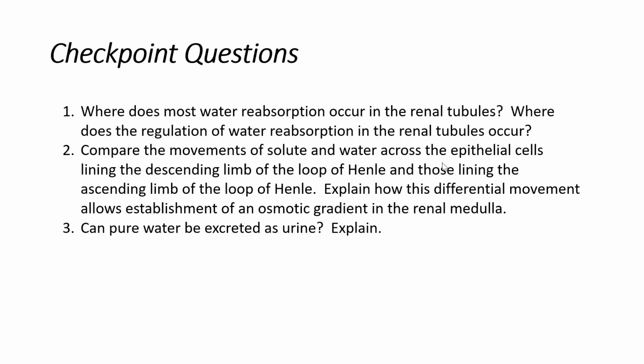And that holds true for both the filtrate that's being moved down the loop, along with the interstitial fluid that is around the tubular structures. So basically the countercurrent multiplier mechanism is how we establish the medullary osmotic gradient.